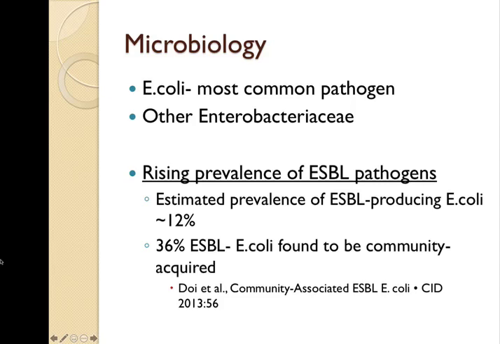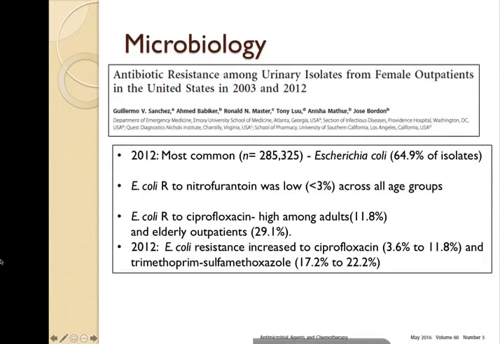But what's even more important to remember is that when they looked at the prior studies, 36% of those ESBL-producing E. coli actually came from the community. Those patients did not even have prior exposure to hospital settings. So that's very alarming, and obviously we have to adapt our treatment options to that.